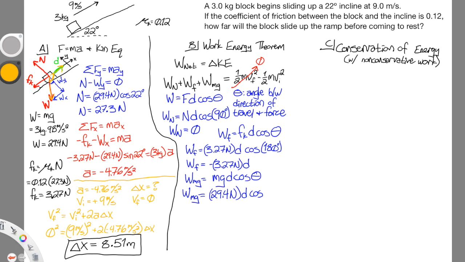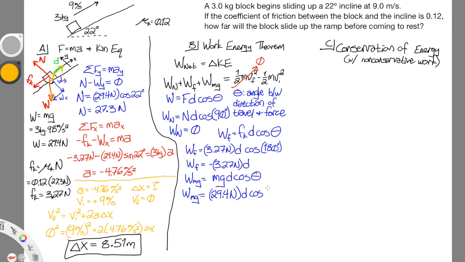We have the 22 degrees inside this weight triangle here, and then we have to add that to the angle between the y component of the weight and the direction we're traveling. Well, we're traveling in the x direction, so that's 90 degrees from the y direction.